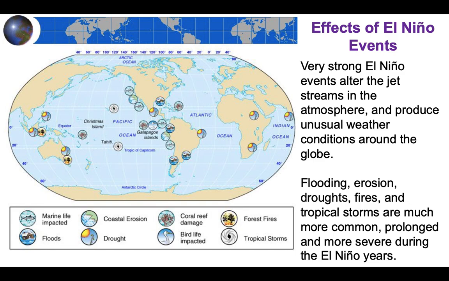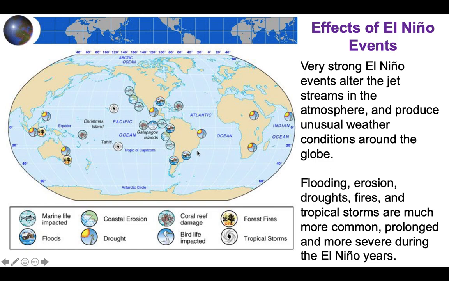Very strong El Nino events certainly affected jet streams that we talked about last time, and produce unusual weather conditions around the globe. Mostly dry regions around the world would end up with high precipitation and moisture, and warm places end up with basically getting extremely dry and cold.